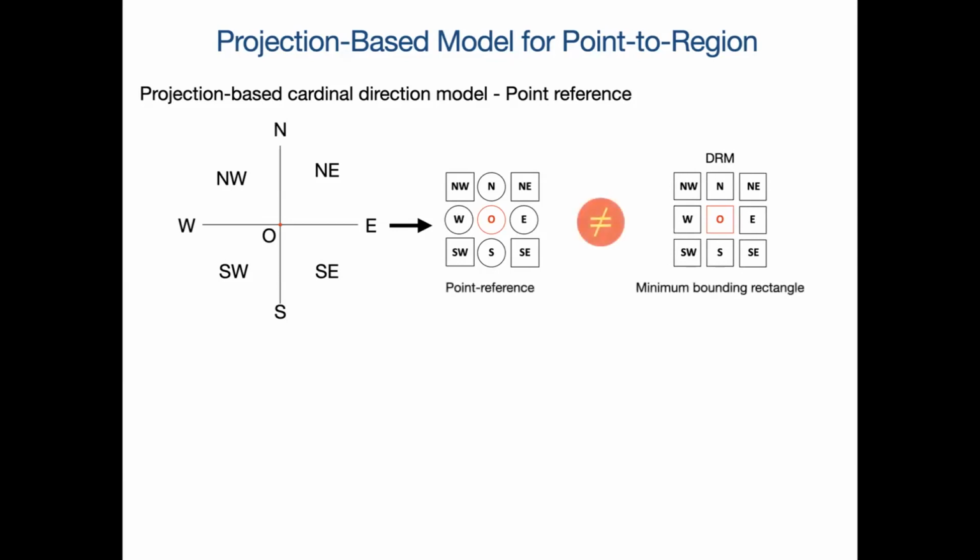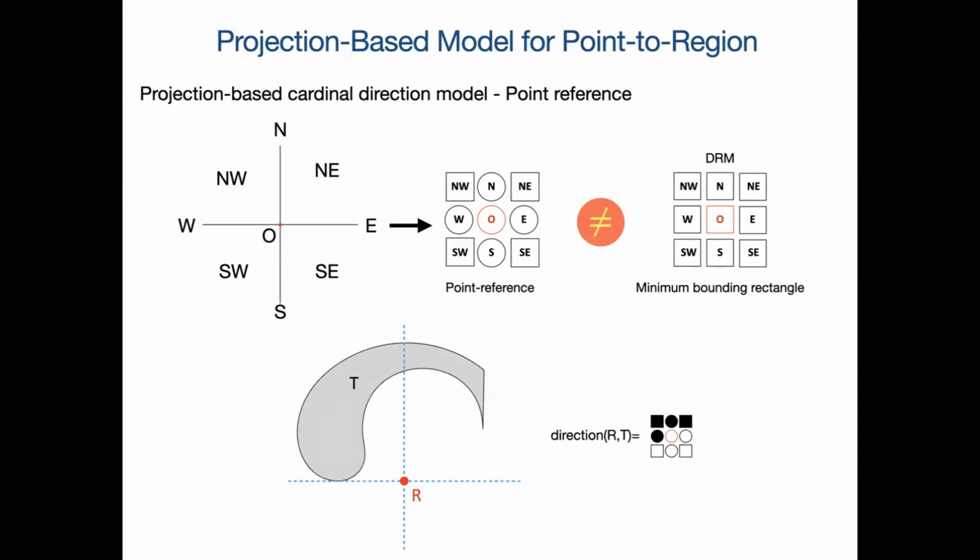Then what are the differences? The direction relation matrix considers the reference as an MBR, and the point reference model considers a point as the fundamental unit. It defines how to define these point-to-region directions. The symbolic representation captures these point-to-region direction relations.